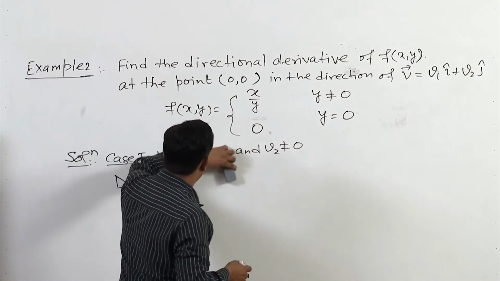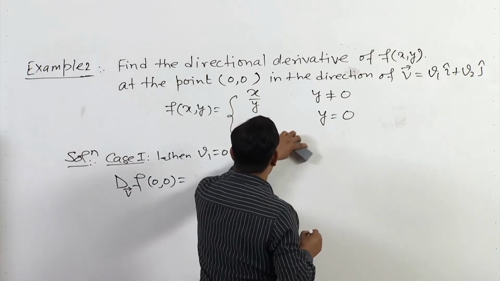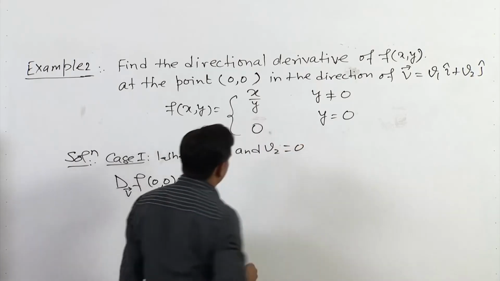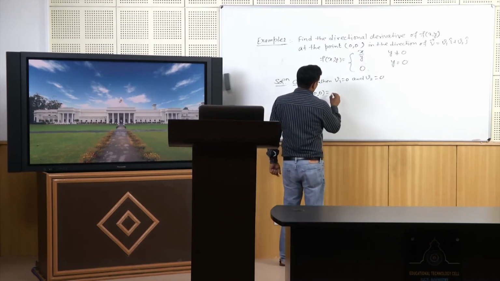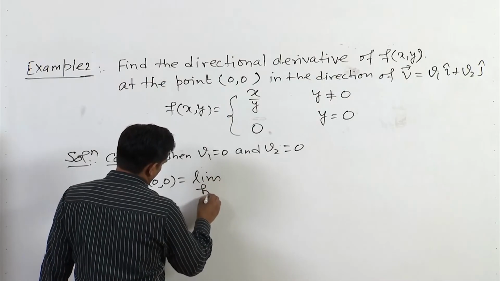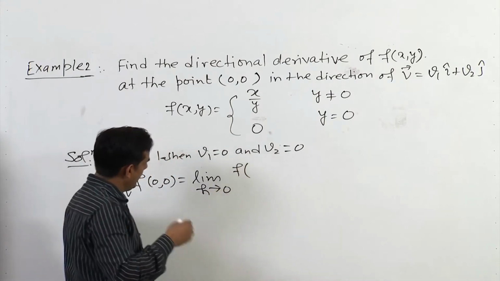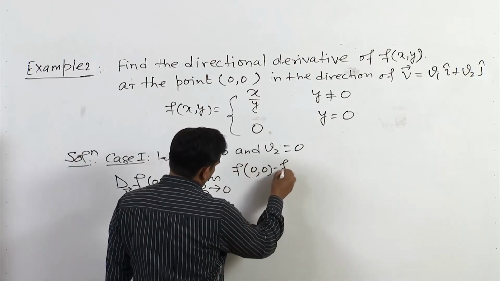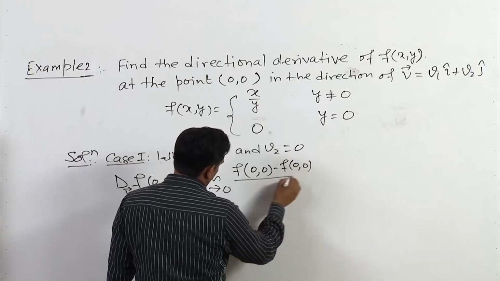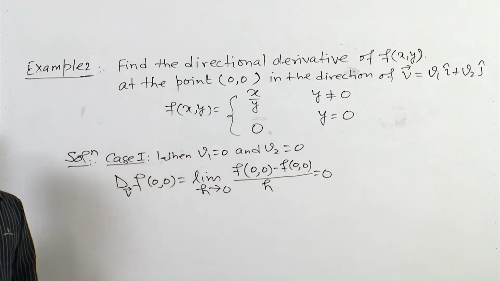Let us take the simpler case first, v1 is 0 as well as v2 is 0. So in this case, the limit h tending to 0, f of 0 plus 0, 0 plus 0, minus f of 0, 0 upon h, comes out to be 0.